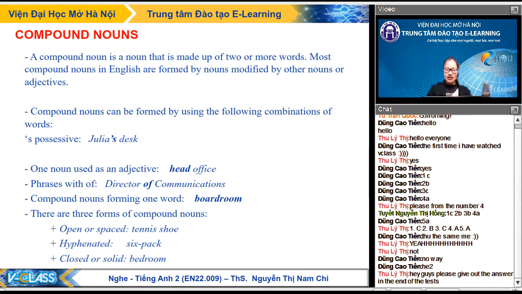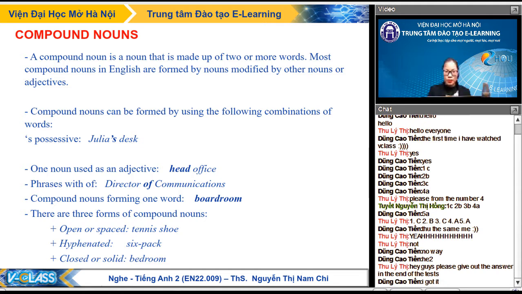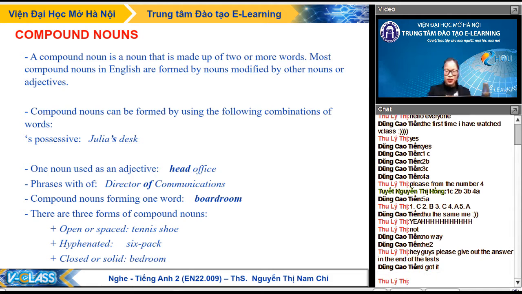A compound noun is one that is made up of two or more words. Most compound nouns in English are formed by nouns modified by other nouns or adjectives. Compound nouns can be formed by using the following combinations of words: 's, that is possessive, for example, Julie's desk; one noun used as an adjective, head office; phrases with "of", for example, director of communication; compound nouns forming one word, like boardroom.